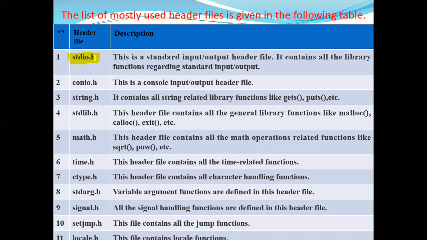In almost all programs this header file is present. When we use printf and scanf, it is mandatory to include this header file. This is the standard input output header file. It contains all the library functions regarding standard input output, to read and write data.